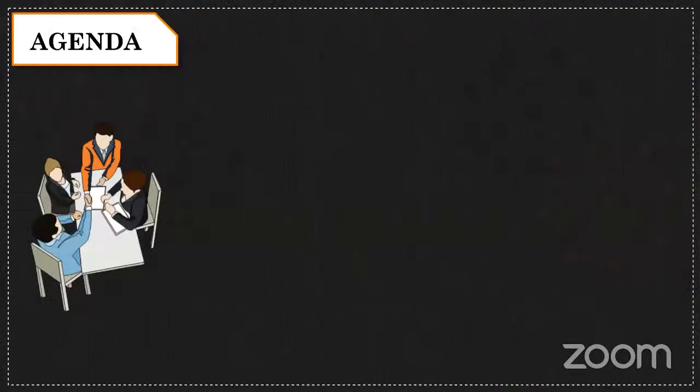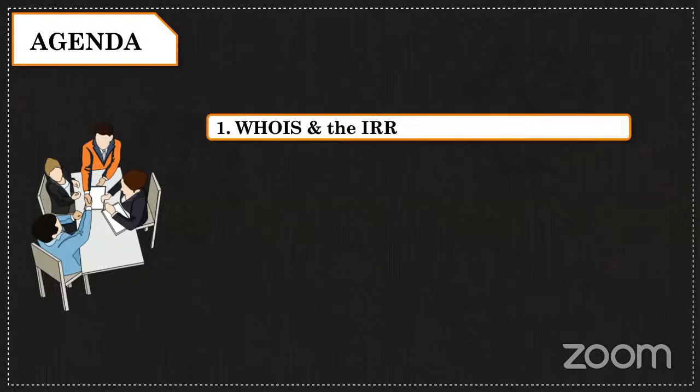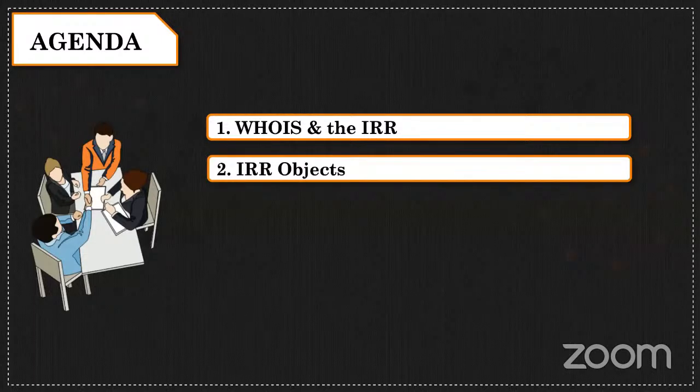So what is the agenda we have for you today? Today, we're going to look at a very short introduction to the Whois and how it integrates with the IRR, or how the IRR integrates with the Whois. And then we're going to spend some good quality time investigating and identifying different routing registry objects.